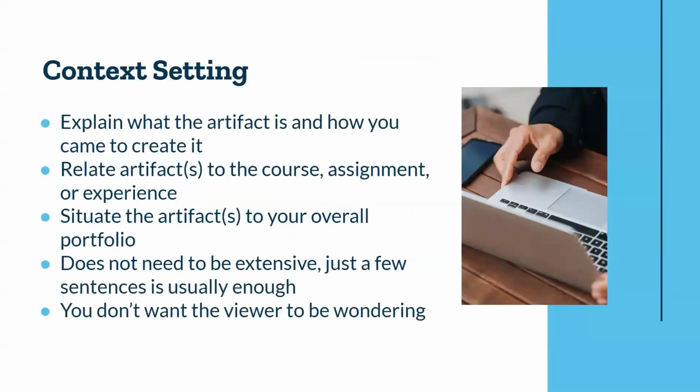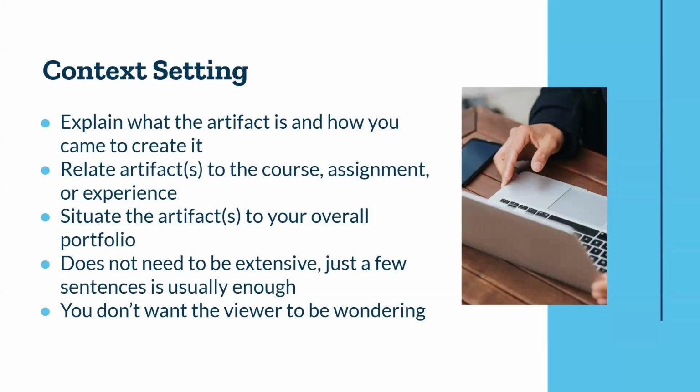All right. So before you get to the bulk of the reflection, you need to do what we call context setting. This is where you explain what the artifact is and how you came to create it. This goes back to that part where your audience isn't the instructor who asked you to make this.